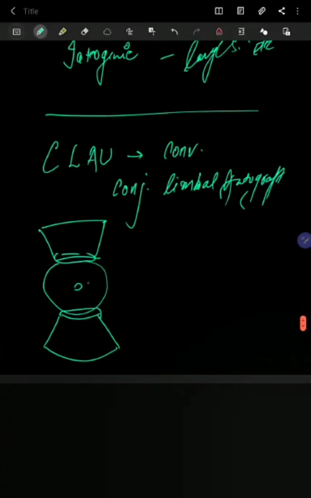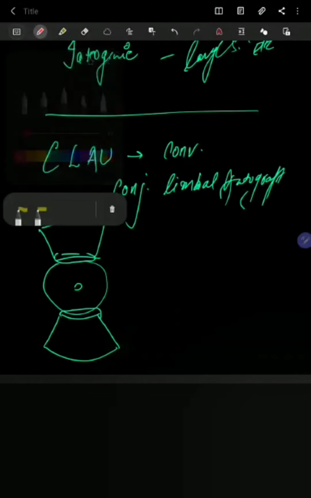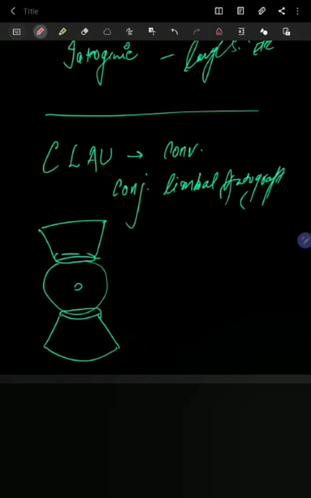So what happened was the growth took place. See, this is the limbus part, so there will be stem cells. The growth will start from this region. These will be the directions of growth for this particular point, and similarly for this point, these are the directions of growth. Similarly for any point, because growth will be in all directions.